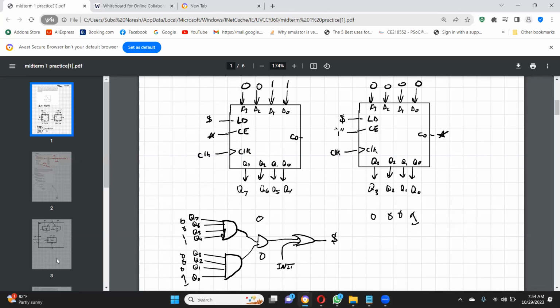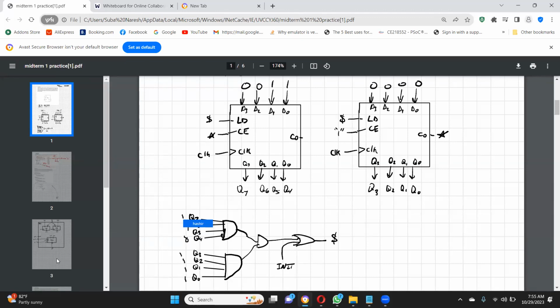And how will it know when we reach 239? Write binary for that. So binary for that is 1, 1, 1, 0, 1, 1, 1, 1.